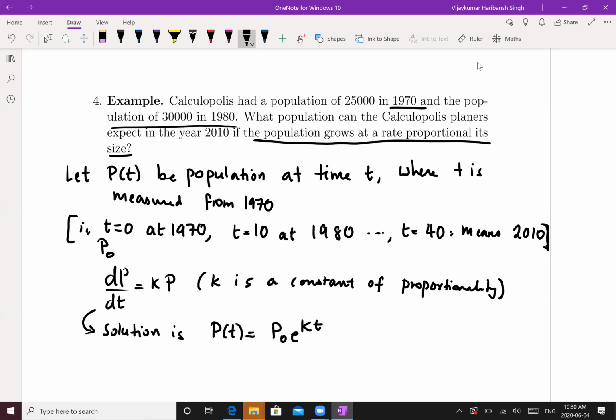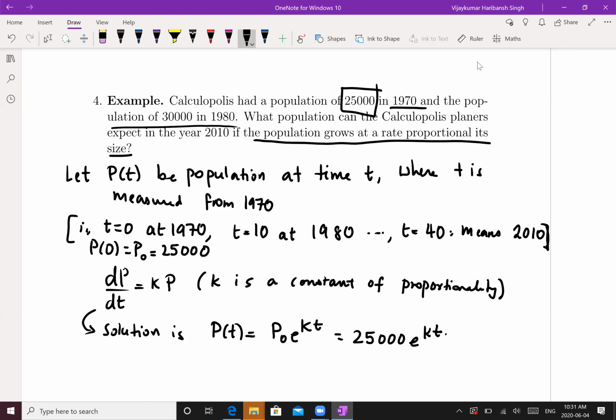P0 is the population at time t equals 0. So P of 0 is P0, which is given to me as 25,000. So this is going to be 25,000 times e to the power kt. So this is your population at time t.